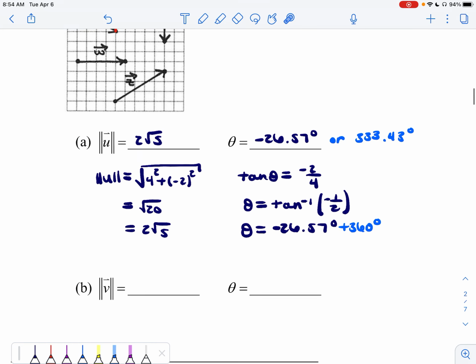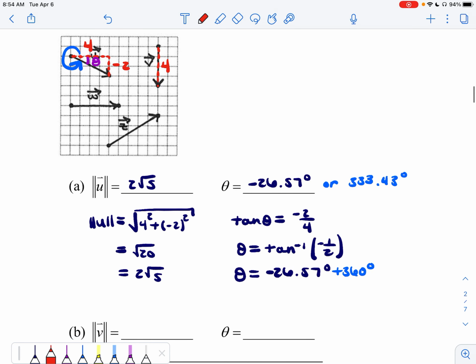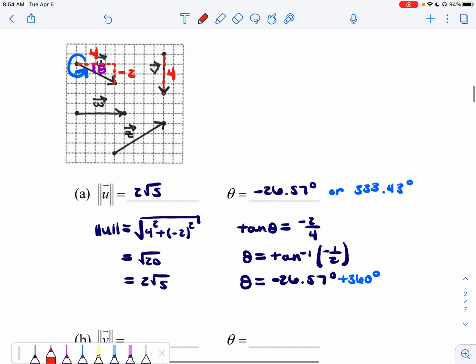Okay, let's look at vector v next. v is pointing straight down, so this one we're going 1, 2, 3, 4 units down. Since this one isn't at an angle, it's just going straight down, we don't have a triangle to build, so we don't have to worry about Pythagorean's theorem. The length of our vector is the magnitude of our vector, and we just said that the length of this vector is 4.